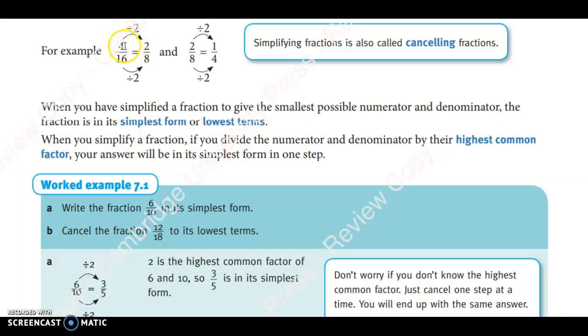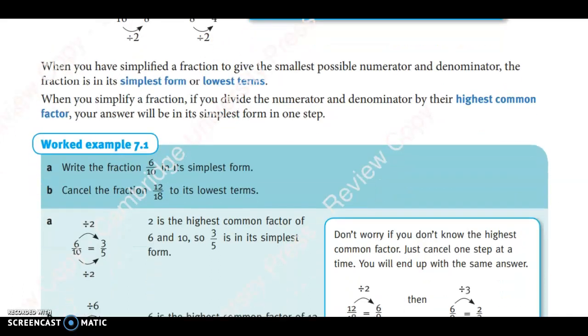Yes, 4, because both of them can be divided by 4. 4 divided by 4 is 1, and 16 divided by 4 is 4. So 4 out of 16 can be directly simplified into 1 out of 4, by dividing by the greatest common factor of 4 and 16.